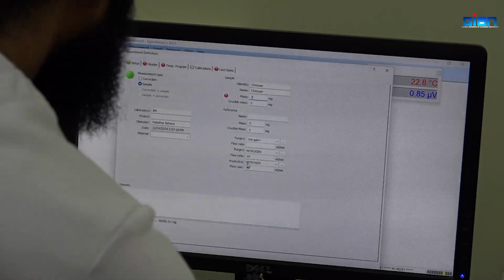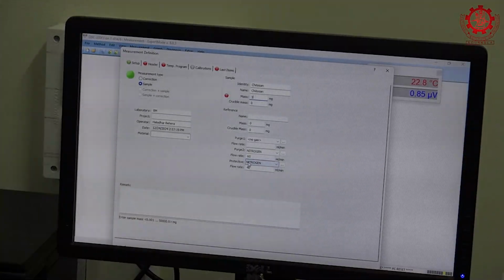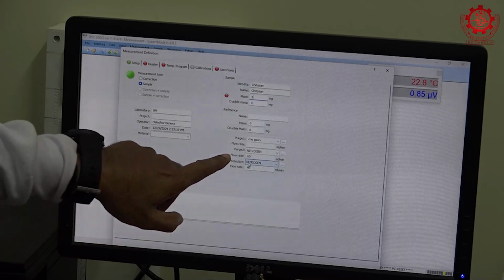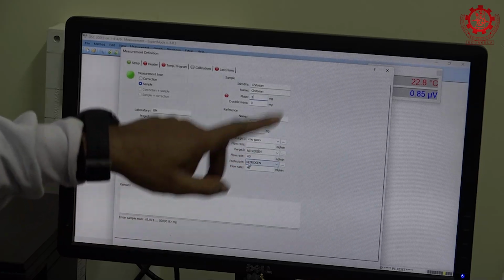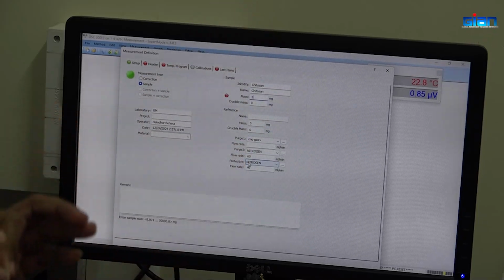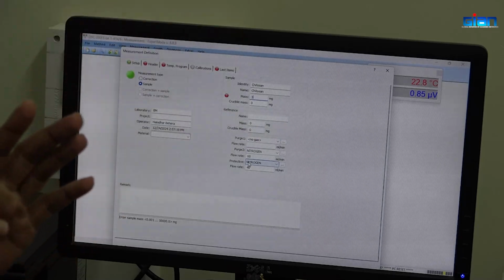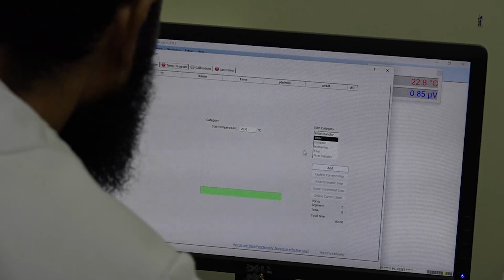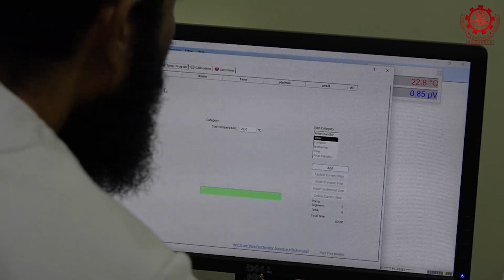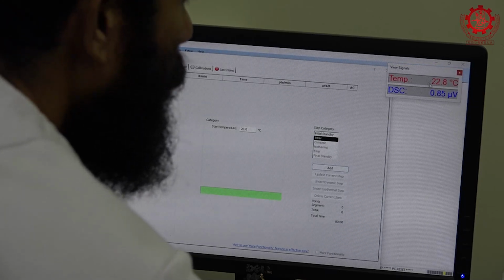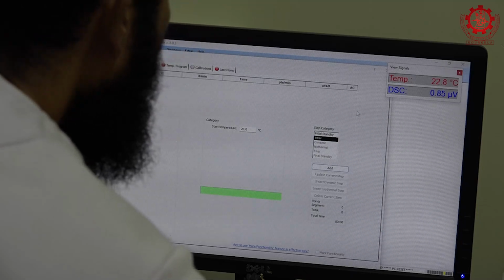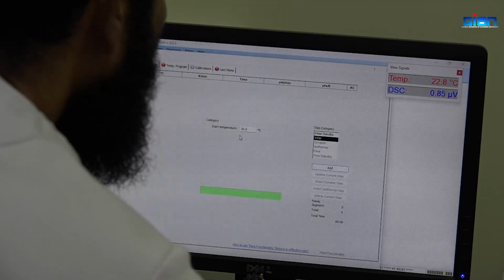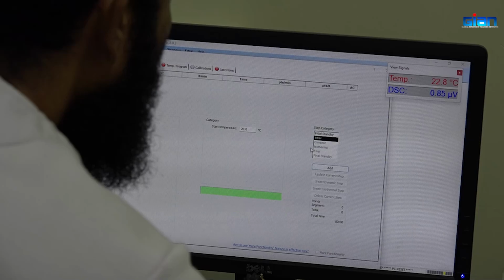Then here you see we are using nitrogen gas. Here you see the flow rate is 60, and the nitrogen gas is used only for protection of the chamber. And here you see the temperature program. Now the temperature of the furnace is 22.8. We'll start at 20 degrees Celsius.